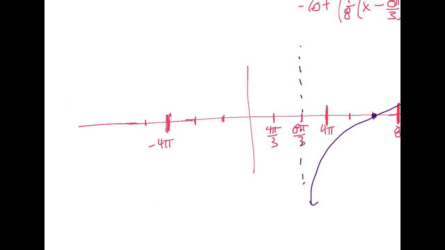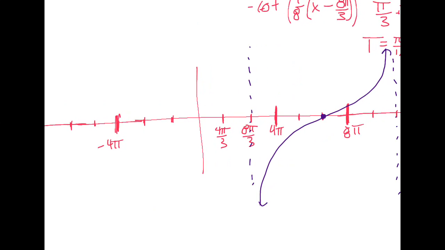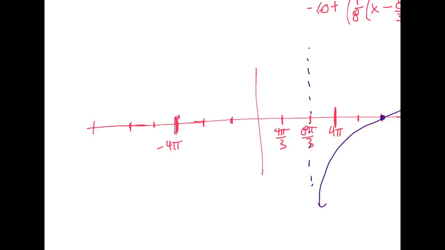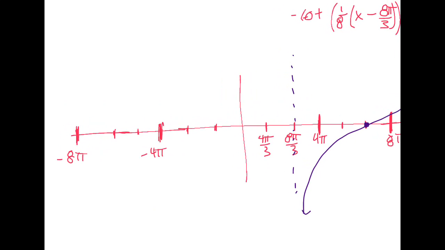Put 2 small tick marks there. And what can I do? One full period away, I should be back to where I started. So if this was a full negative 8 pi, normally I would have another asymptote there, but everything is 2 tick marks to the right, so I need to have my asymptote right there.